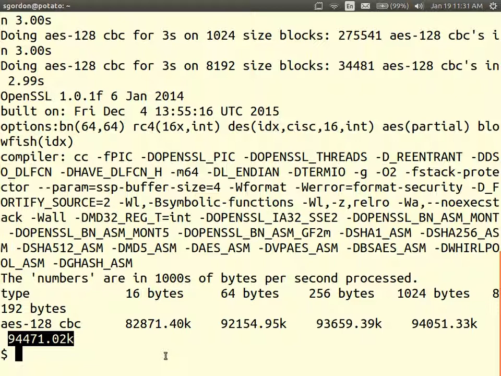Nowadays, CPUs have special instructions that are built just to encrypt and decrypt data, and especially for AES. My Intel CPU has an AES operation among its assembly instructions, built into the CPU just to do encryption and decryption fast. And in fact, I can tell OpenSSL to use that.